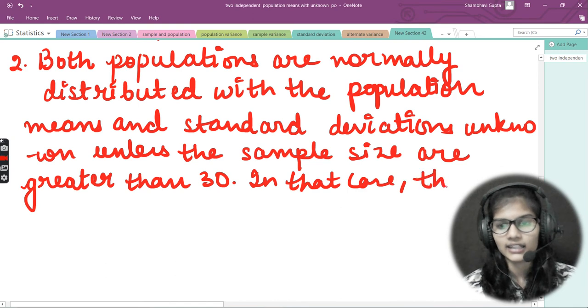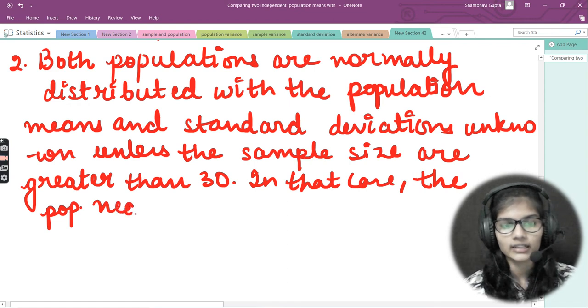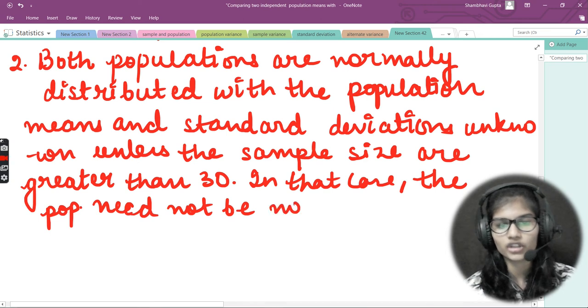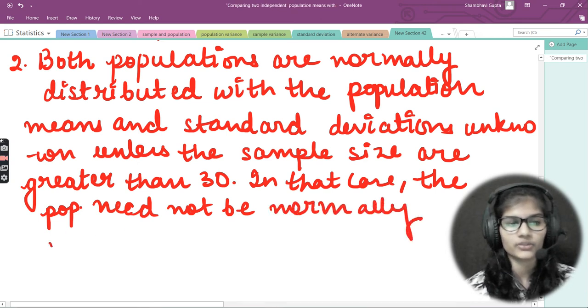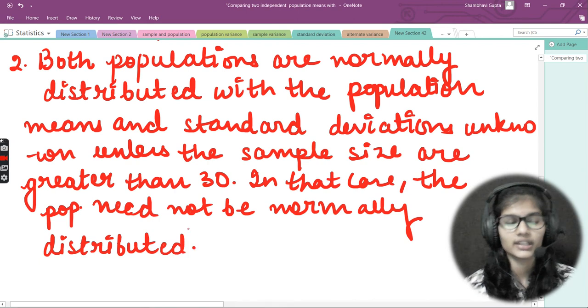In that case, the population need not be normally distributed. So here goes this.